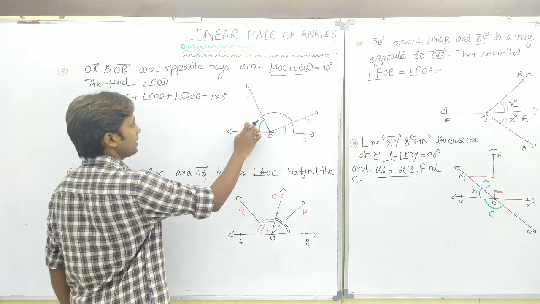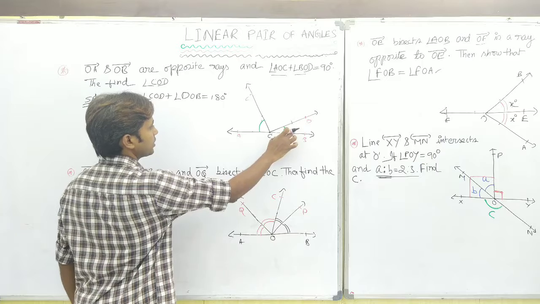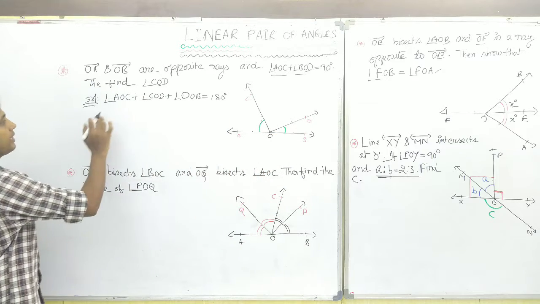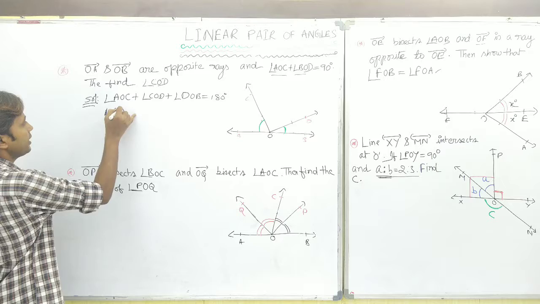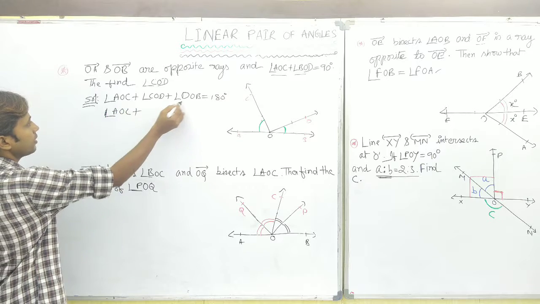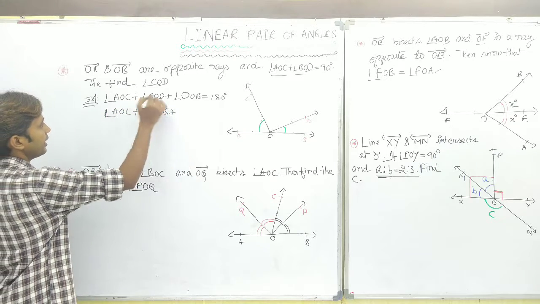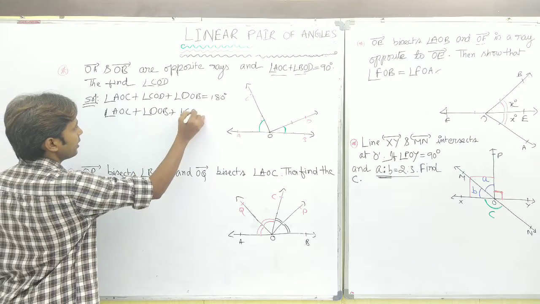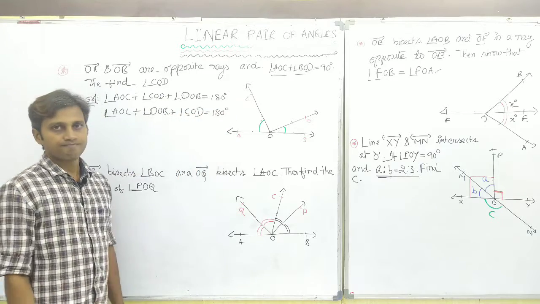Now replace the angles. Just rearrange. Here angle AOC plus angle DOB you write first, then next angle COD equals 180 degrees.